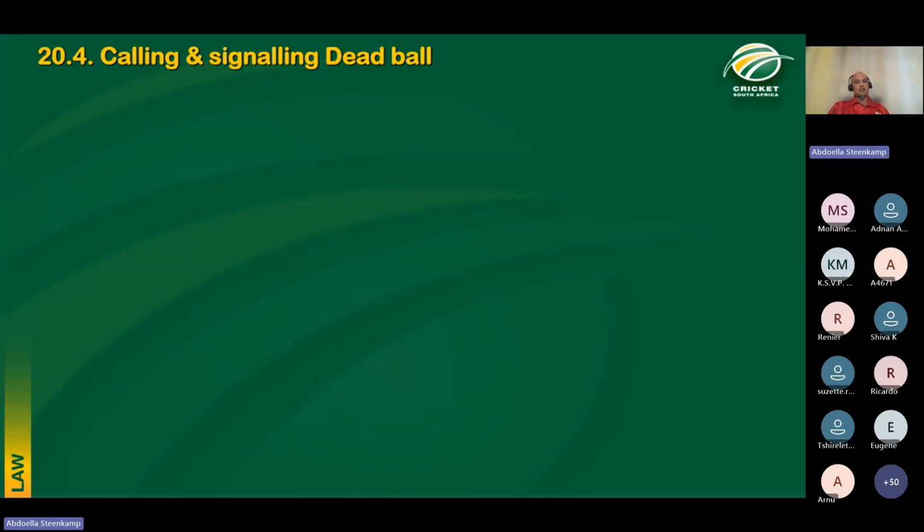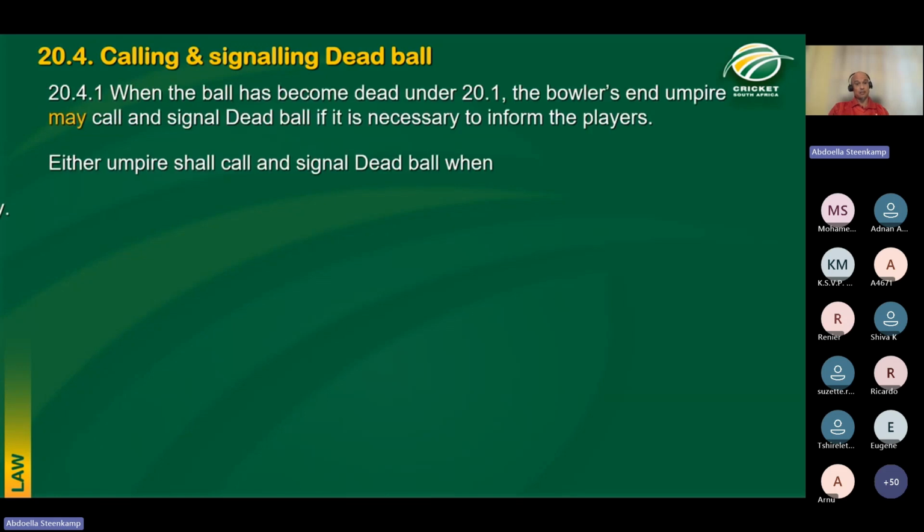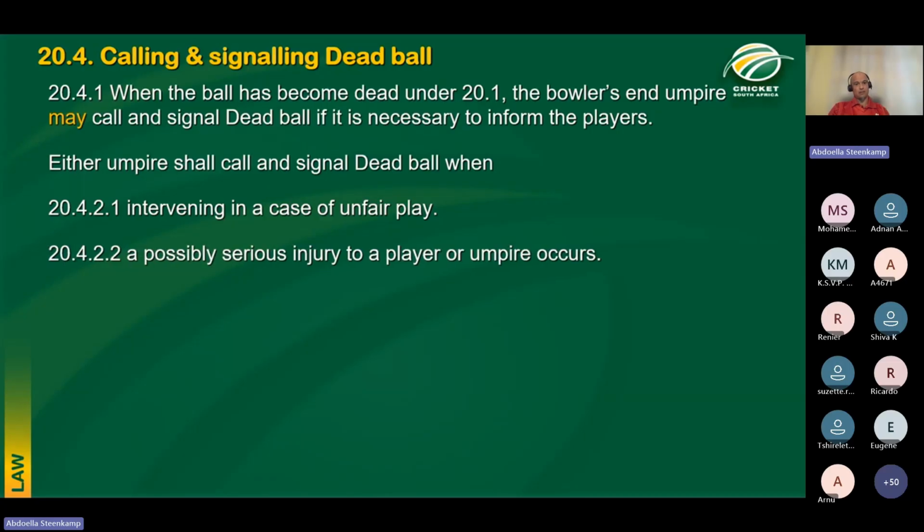There are instances where the umpire needs to call and signal dead ball to inform the players that the ball is now dead, and as soon as the umpire utters the words dead ball, anything that happens after that is irrelevant. Ball is now dead. What are those instances? If the umpire decides to intervene in case of unfair play, call and signal dead ball.